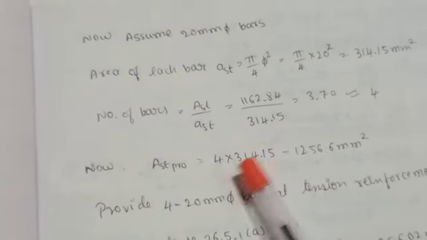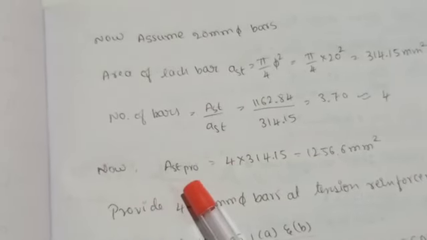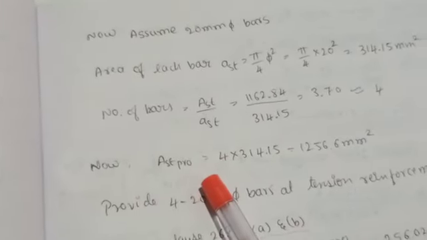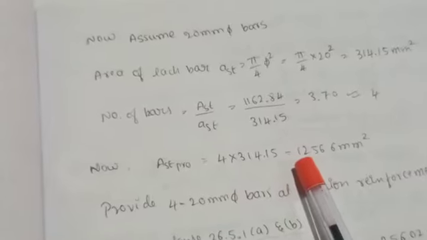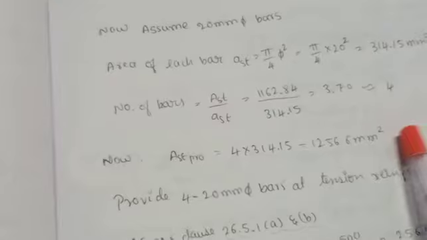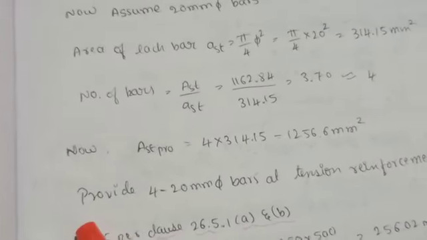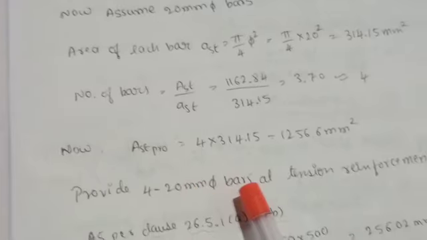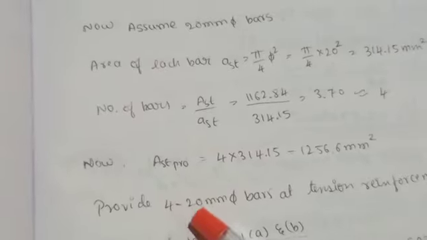By simplifying this, we'll get the Ast provided, nothing but the area of actual bars, that is 1256.6 mm square. That is the actual Ast. So provide 4 numbers of 20 mm diameter bars as tension reinforcement. This is how we calculate the number of bars.